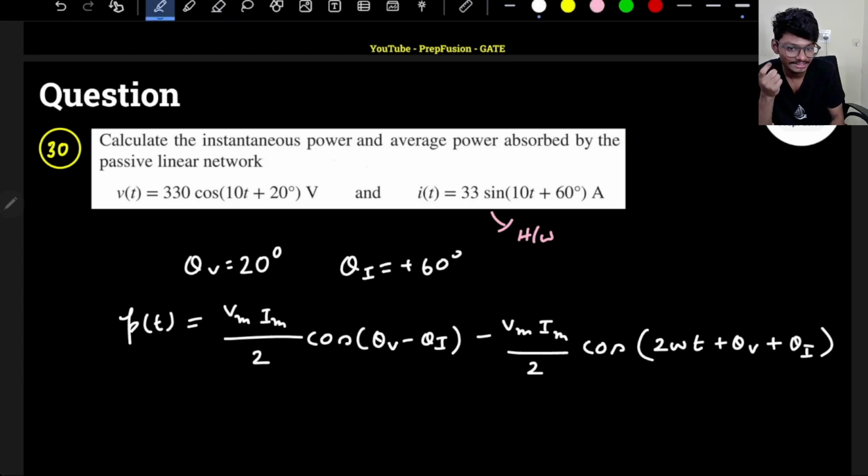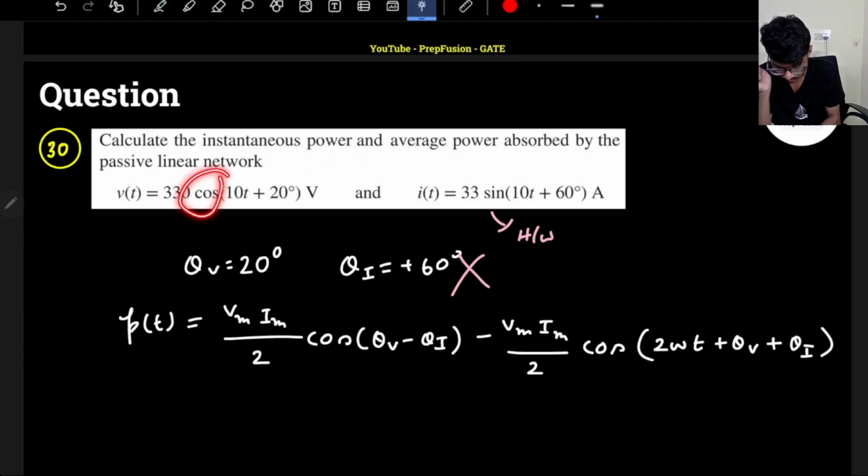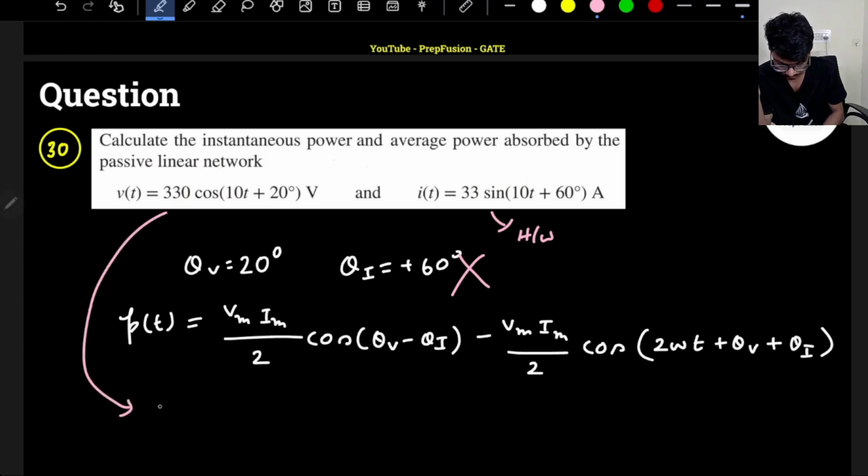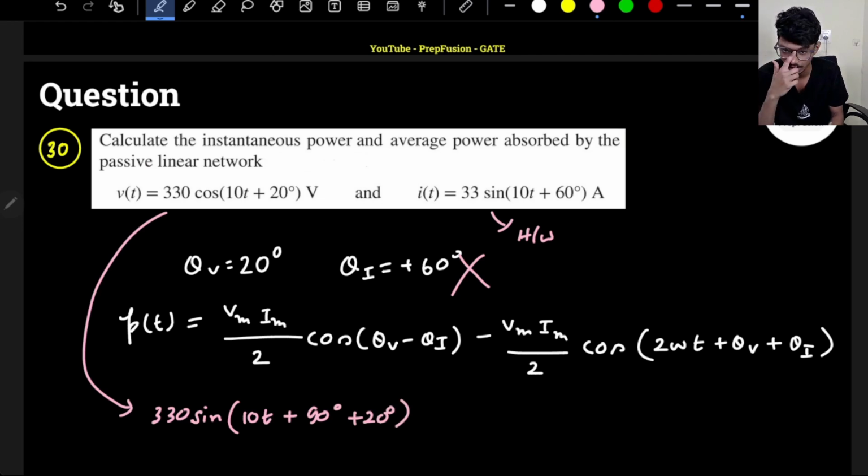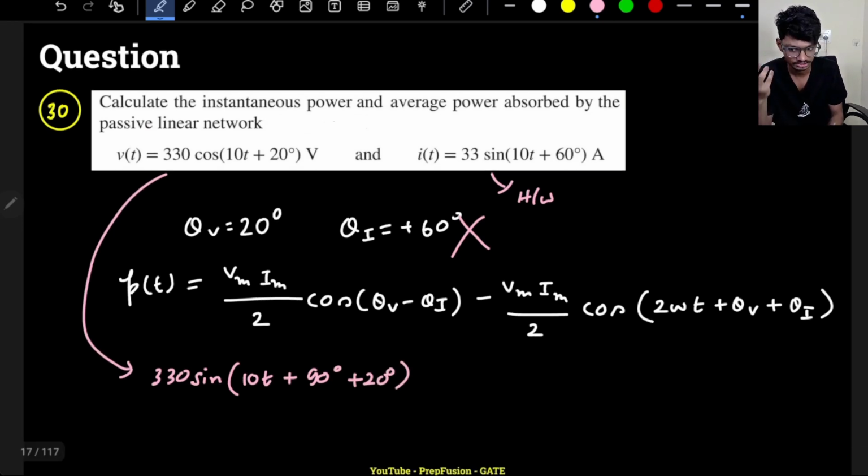Is it so? If you are writing it like this, you are writing it wrong, because this is cos and this is sine. So at least have a common reference. Let me convert this cos into sine. So this will be 330 sine of 10t plus 90 plus theta, so it is plus 20. I have already explained how we write it in terms of sine.